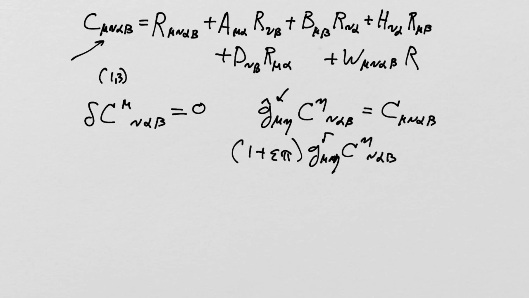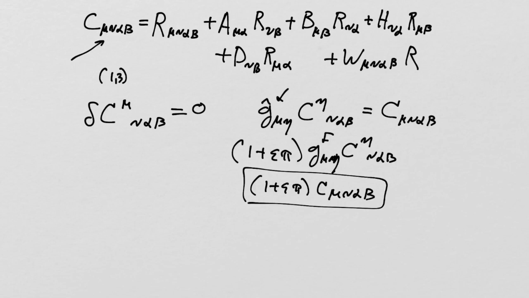And this is the regular G, not the transformed G, which is just going to lower the index. So I get 1 plus epsilon pi C mu nu alpha beta. So this object here is equal to the transformed C mu nu alpha beta. It's just this factor of 1 plus epsilon pi, which is actually nice and simple.